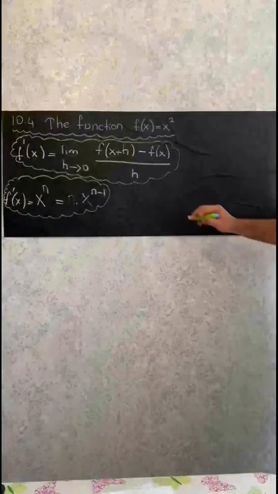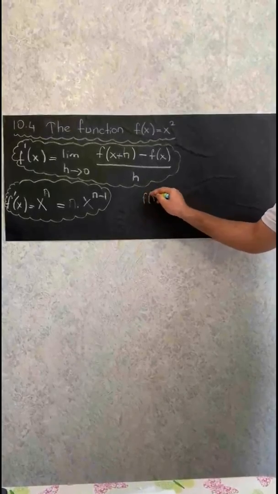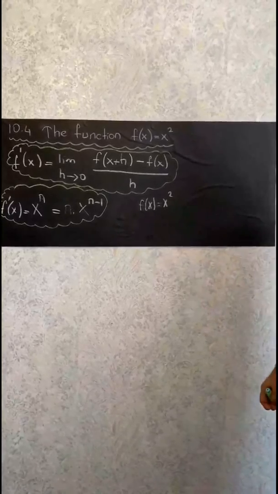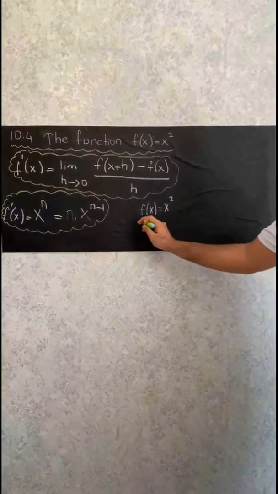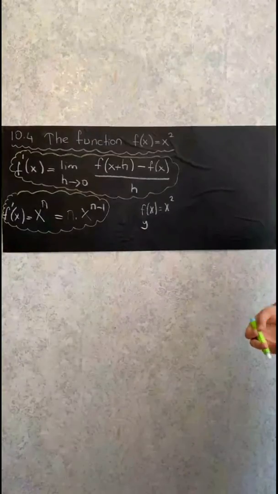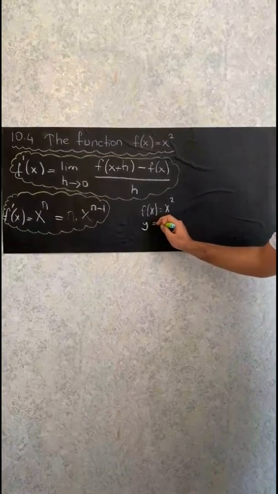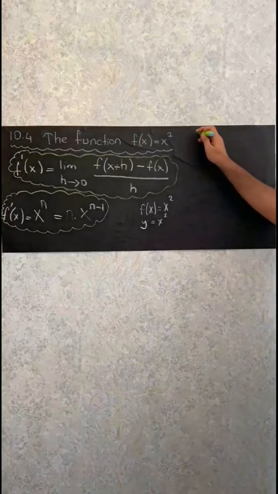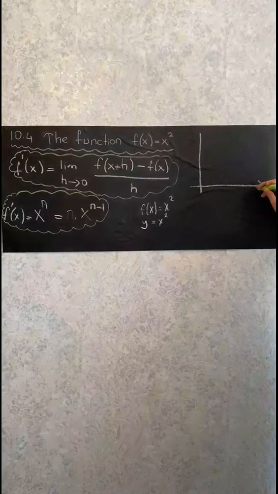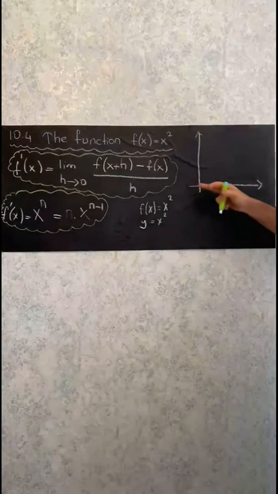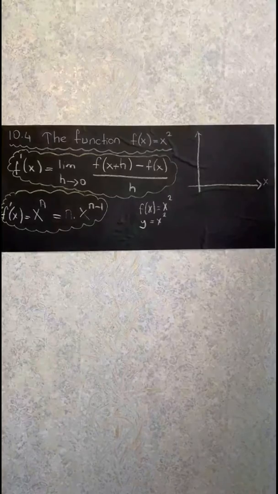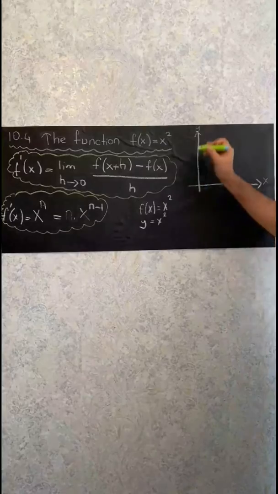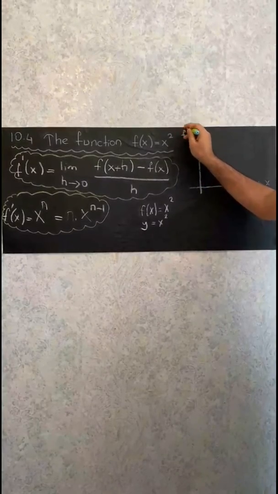Okay guys, the function is f of x equals x squared, and y equals f of x. So we can say y equals x squared. We use a 2D coordinate system: the horizontal line is the x-axis and the vertical line is the y-axis, where y is f of x.